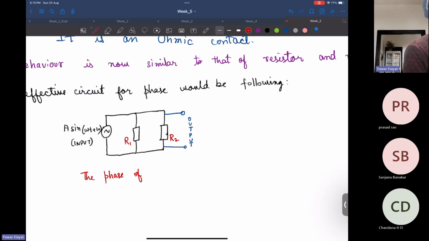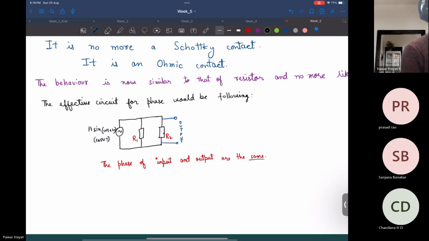The phase of input and output are the same, right?